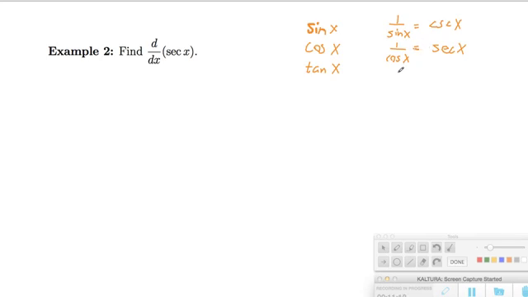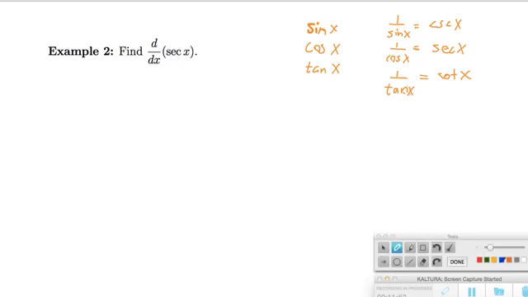And cotangent is 1 over tangent. So 1 over tangent of x is called the cotangent of x.